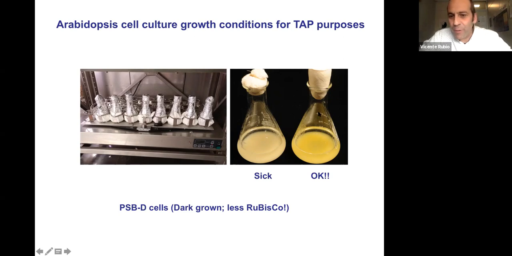This is the healthy one. When we see this culture in a flask, we say, okay, this has the green light for purification. Usually we have several replicates for purification, and as Monica will show you later, when she starts showing you how to filter and analyze the material, she will use two different replicates from a specific bait.